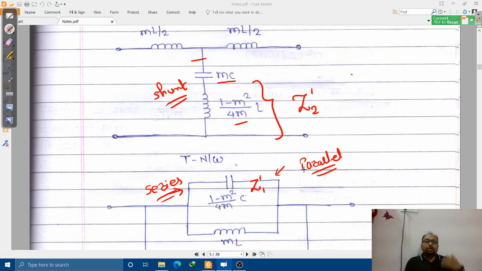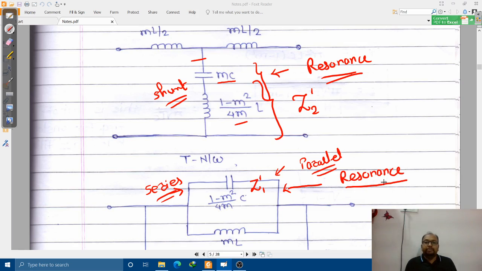But whenever you design the filters, these two components are nothing but L and C, and they form a resonance circuit. We know the condition of resonance: at resonance the impedances of the capacitive and inductive reactances become equal.